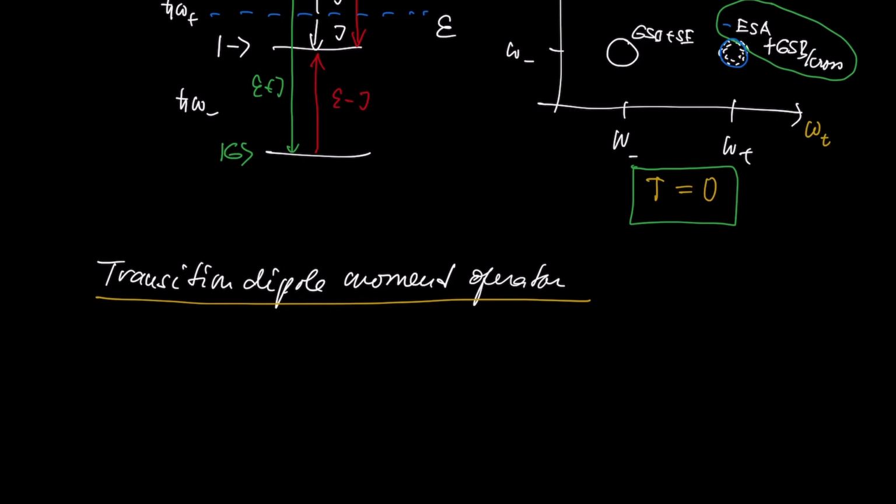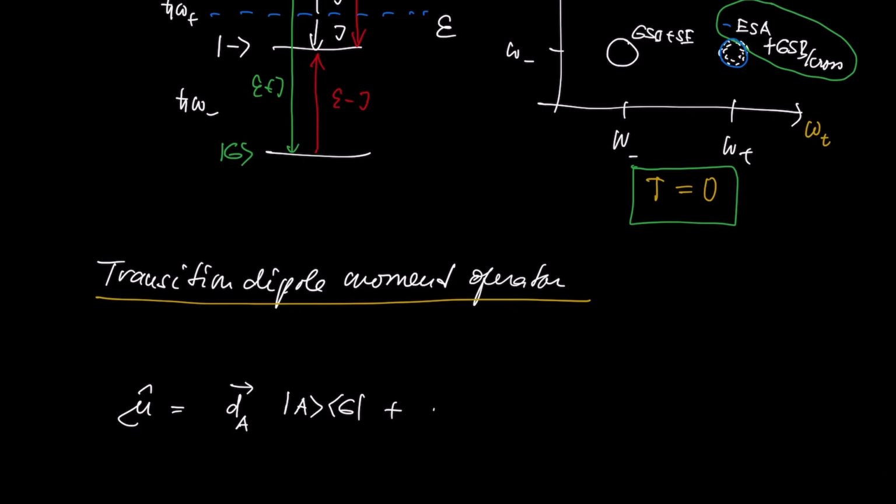Okay, so the transition dipole moment operator has to be written in terms of the collective states. So we will have transitions on the molecule A in our two molecule system, and there will be a transition from state with the molecule A excited and B not excited, and that is a transition from the ground state.